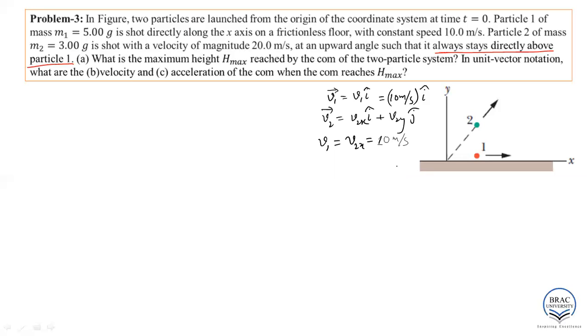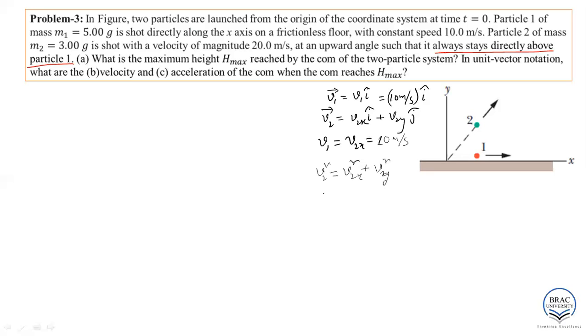Now from this and from the information that we have the value of v2, where the velocity of particle 2 is 20 meter per second, you can find the initial vertical component of the velocity for particle 2. Here we can write v2 square is equal to v2x square plus v2y square.